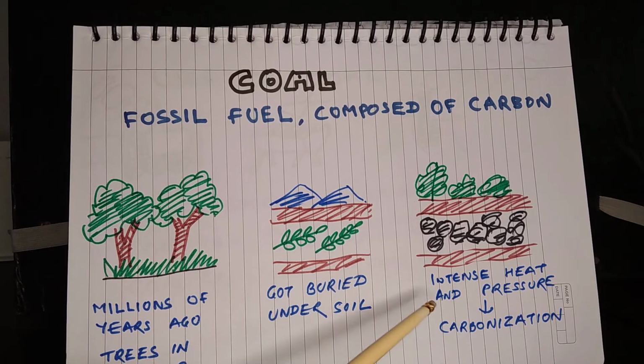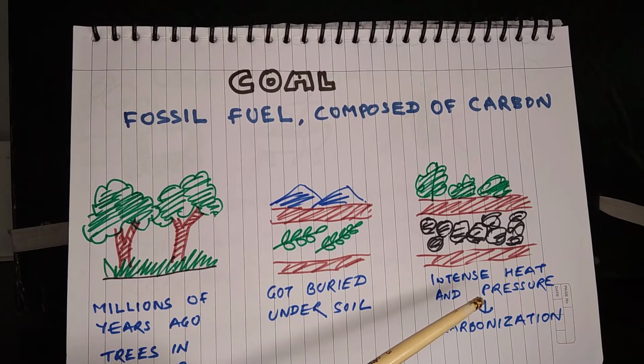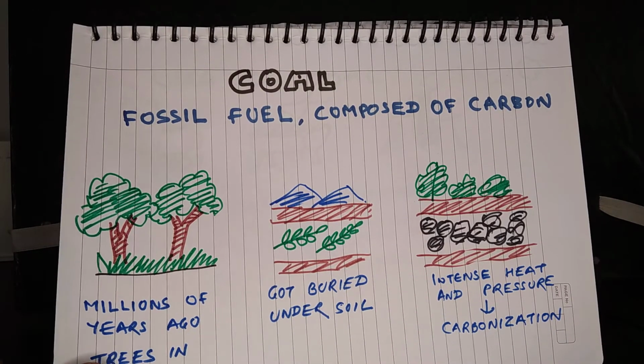Then intense heat and pressure from the sedimentary rocks which were lying above these remains resulted in conversion of the remains of these trees into coal. And this process is called carbonization. The conversion of organic materials into carbon is called carbonization, and that is how coal was formed.